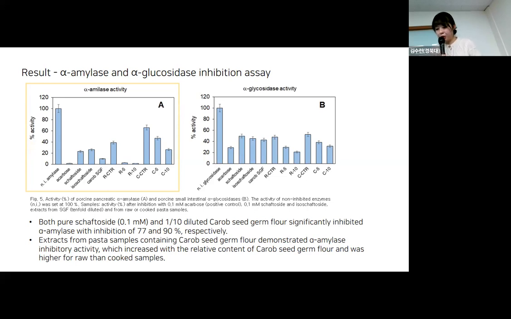So similar to the alpha-amylase inhibition, the introduction of carob flour in pasta induced a reduction of the alpha-glucosidase activity, with a reduced effect for the extract from cooked pasta samples compared to the raw ones, most likely due to partial loss of carob flour polyphenols into the cooking water.